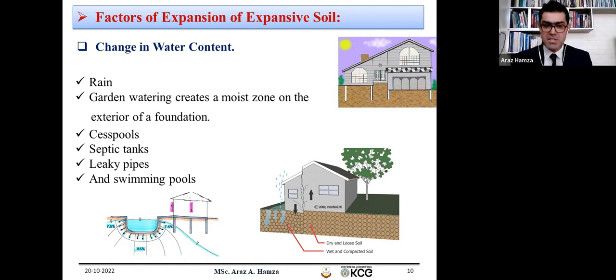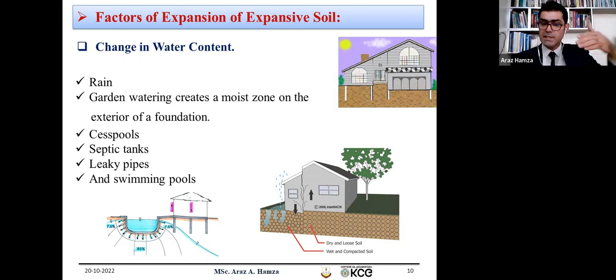Cesspools, septic tanks, leakage of pipes, and swimming pools. If you have any of this type of project, when you are a site engineer, please be careful about such a problem. Do not let leakage happen, and do not allow water to go to such places behind or beside your foundation.